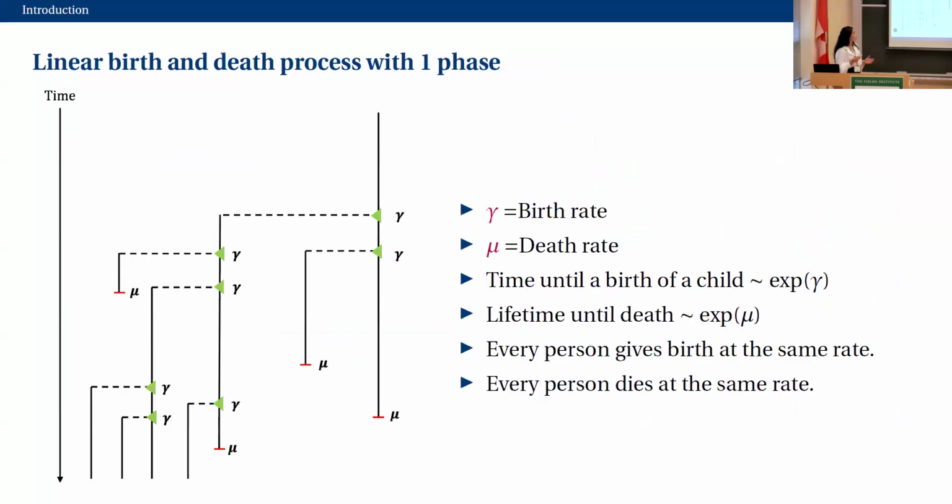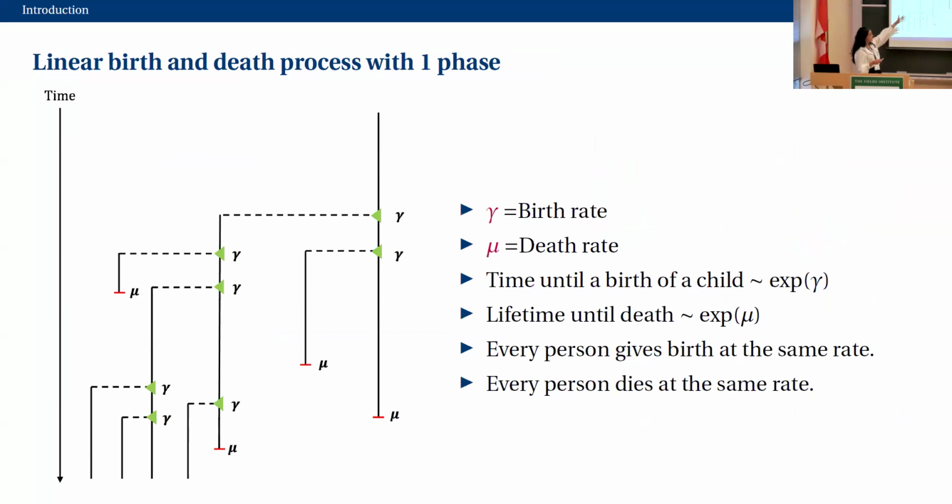Now, how are we going to do this? First of all, let's consider a very basic model, the linear birth and death process. In this diagram, and the diagrams you'll see in the next few slides, all these vertical lines, when you read from top to bottom, represent the life of a single individual. So let's start with the rightmost individual's life.